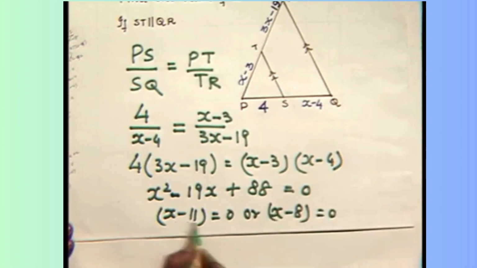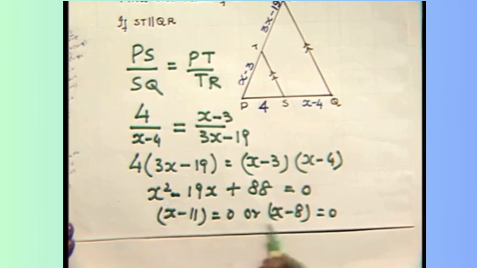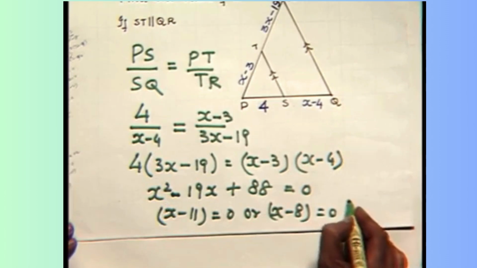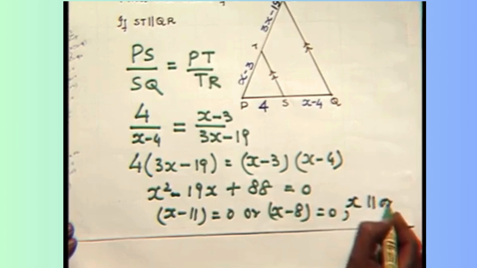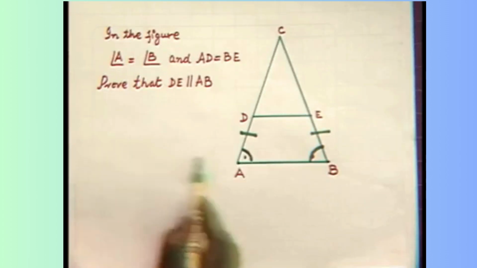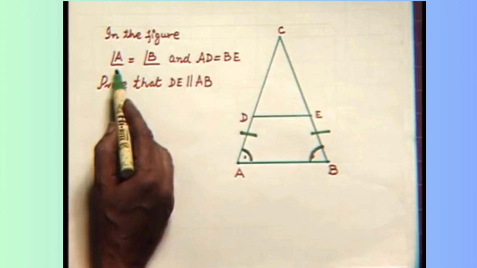These x minus 11 and x minus 8 being the factors of this quadratic equation, and from there we get the value of x as 11 or 8.